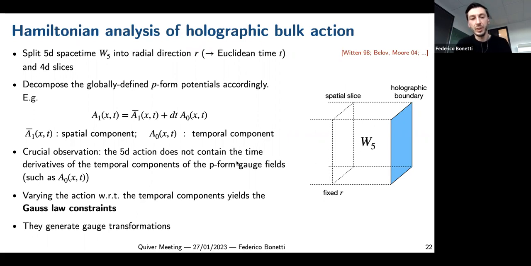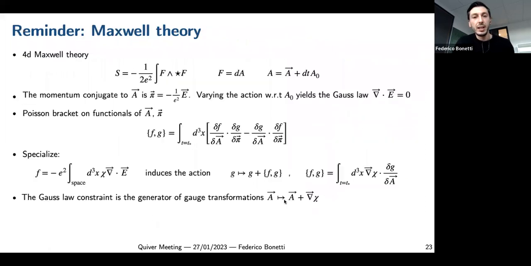So essentially here, by definition, by Gauss law constraints I mean what is imposed by varying the temporal components of our p-form fields. And why do they have to do with symmetries? It is just because they generate gauge transformations. This is a very well-known point, but I would like to illustrate it with a simple example, namely just the Maxwell theory.